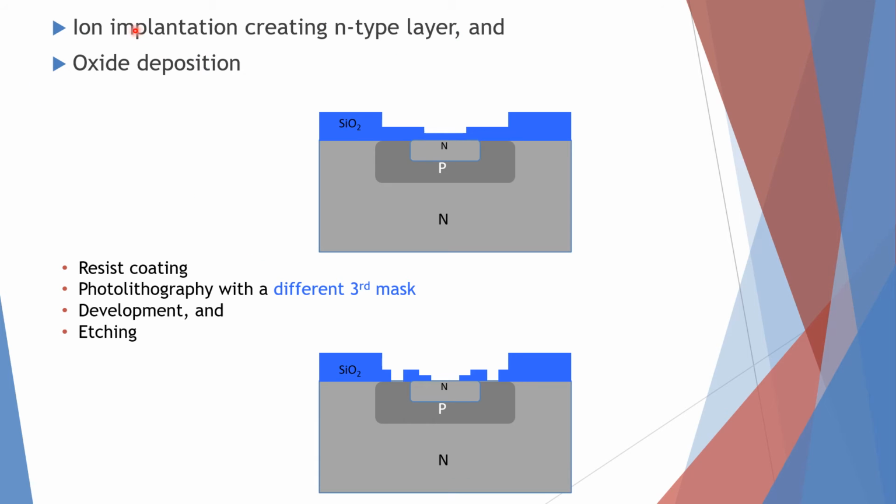And now the ion implantation will create the N area on this Si wafer, and then again we have to put the oxide deposition so that we can close all the parts here, and then the resist coating will be performed, and photolithography with different masks will take place, and then we repeat the development and etching again.